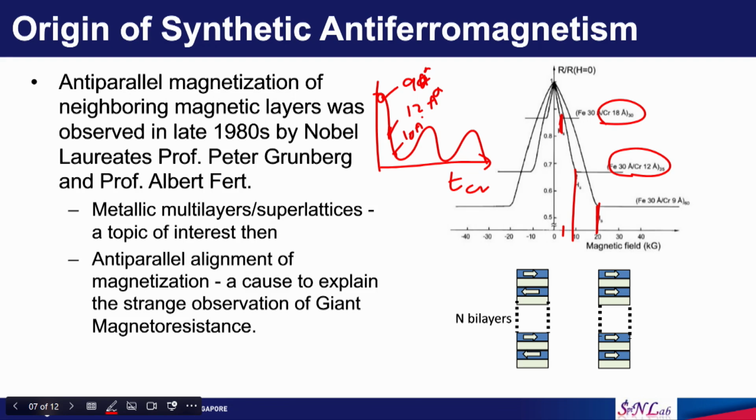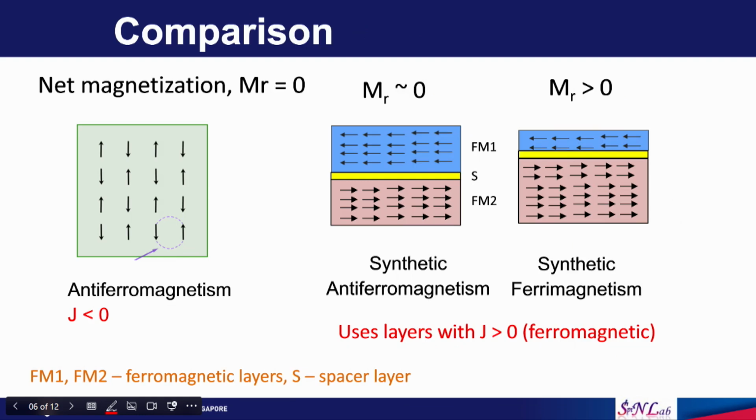In this particular set of samples, luckily all these samples have a positive-negative J, which can introduce antiparallel magnetization configuration. Okay. So, with that let us move on to the second topic.